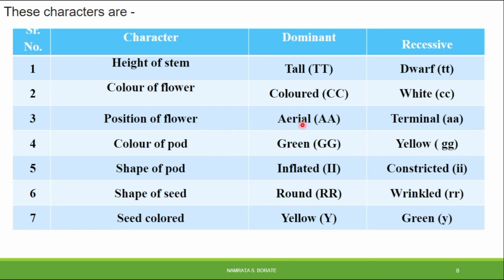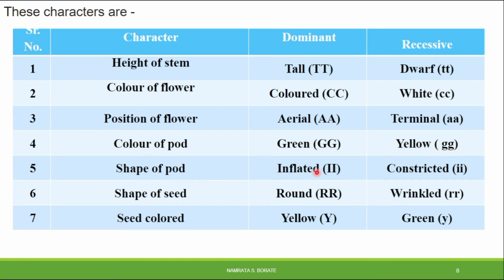Position of the flower, the axil position is A, or the terminal position is small a. The recessive is always represented with a small letter, and the dominant is always represented with a capital letter. The color of the pod, green is capital G, and yellow is small g.